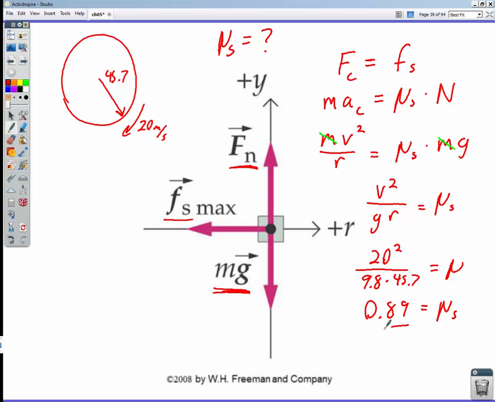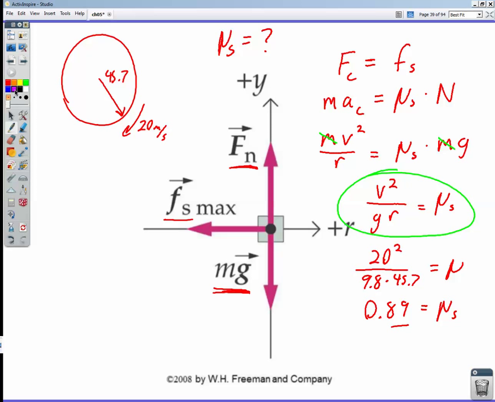Now another question we could ask is, let's say it's a snowy day, we have this same curve, and the snow on the road has reduced our coefficient of static friction to 0.2. What is the maximum speed that this car can go through the curve safely without skidding? We go back to the equation we already derived, but instead of solving for mu, we solve for v squared.